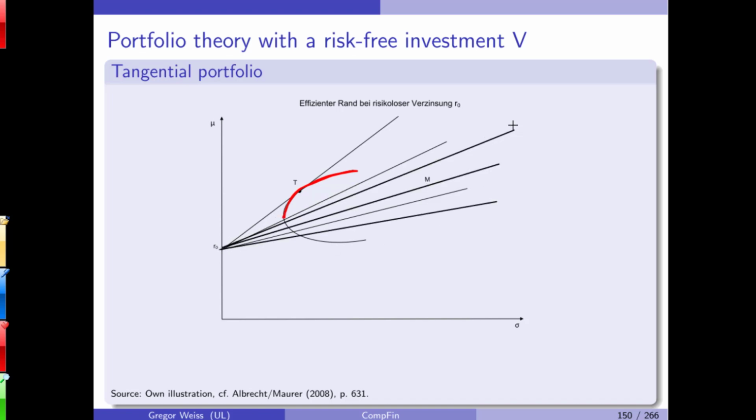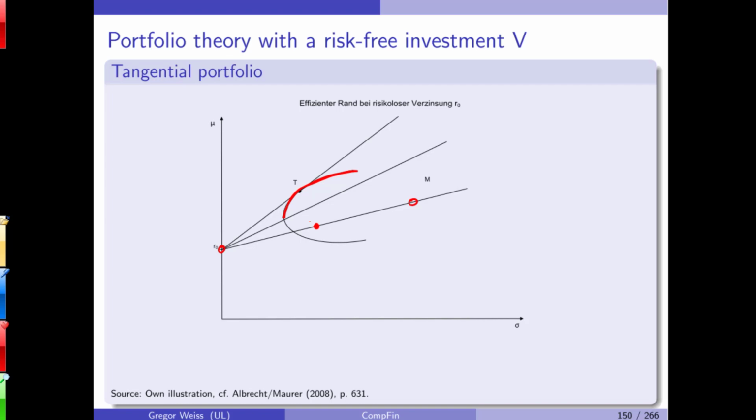But if you take any, let me just delete those again. If you take any point on such a line, for example, this point, this would be a combination, say, of this portfolio and the risk-free investment.